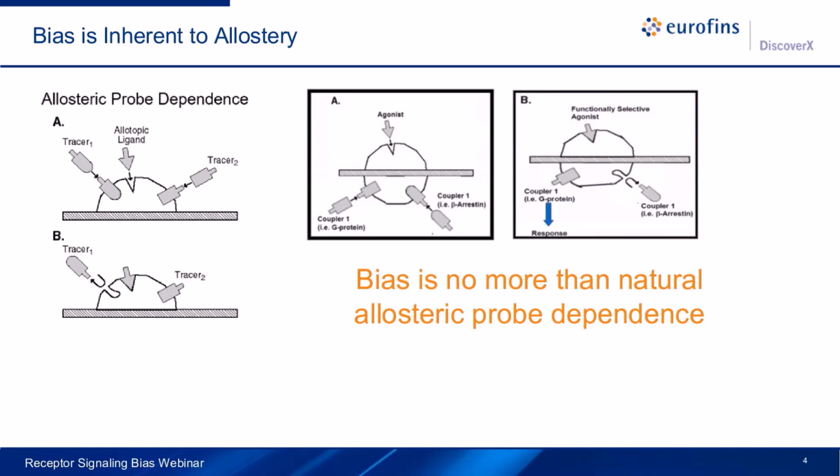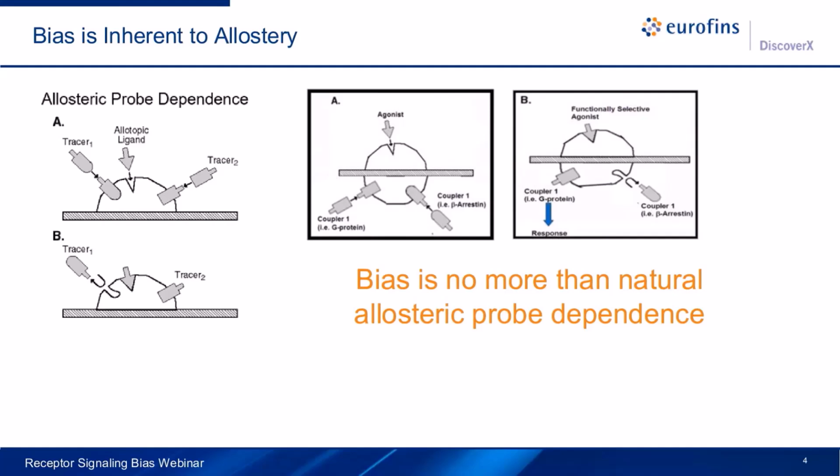Say I have a protein here in panel A, and two tracer molecules interact at two sites. If I add an allosteric compound, I change the shape of that protein. There's no rule that says the change in shape should be equal for tracer 1 and 2. In fact, the experience usually is it's not.